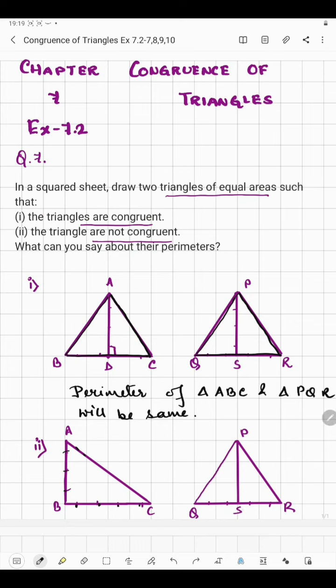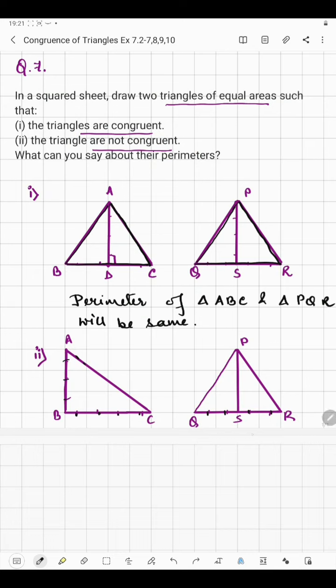Now if you see the triangle PQR, base is again 4 units, 1 2 3 4, and here 3 boxes are used to make PR side and PQ side. So 3 plus 3 is 6, 6 plus 4 is 10. So here we have got 10 units and here we have got 11 units approximately.